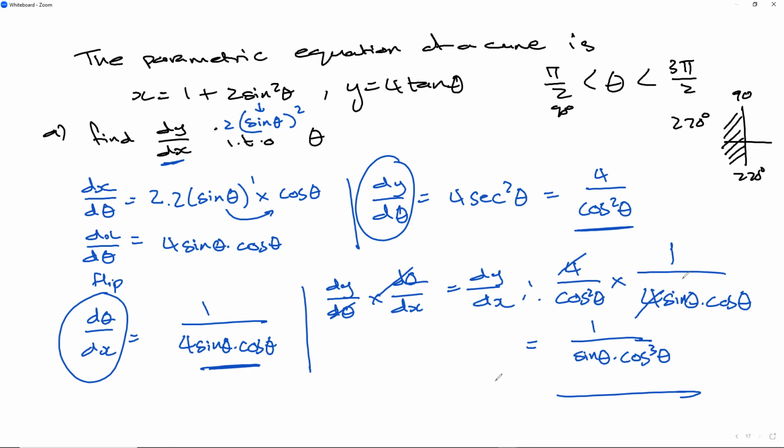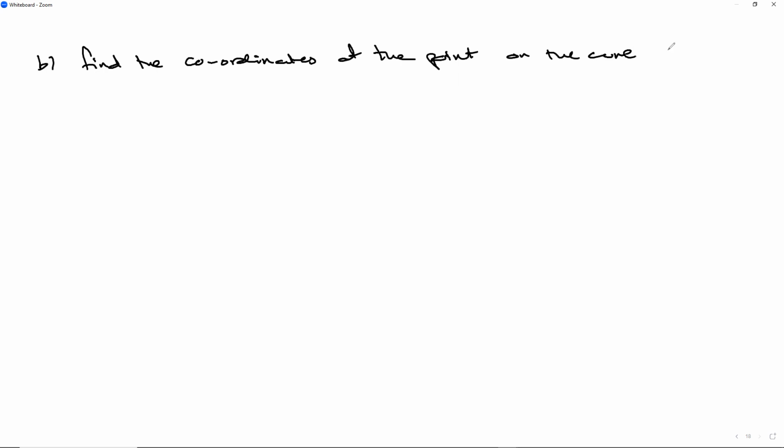The second question says, find the coordinates of the point. Now that I have that, it says, part B, find the coordinates of the point on the curve where the tangent is parallel to the y-axis.